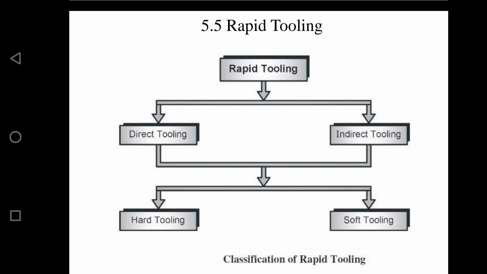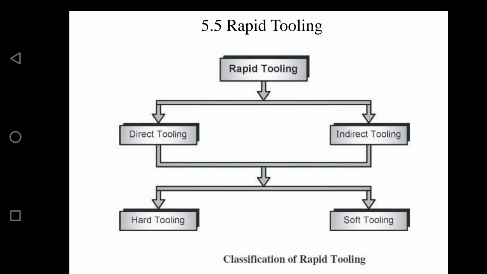For example, you have seen injection molding. The main cavity or cores, runners or ejection systems can be produced directly using the rapid prototyping processes. I am just taking the design data directly from the CAD model and manufacturing it using the rapid prototyping process. Then that is called direct tooling.